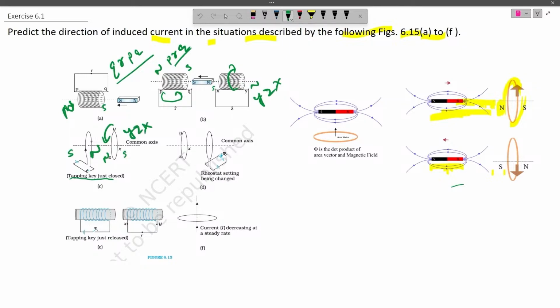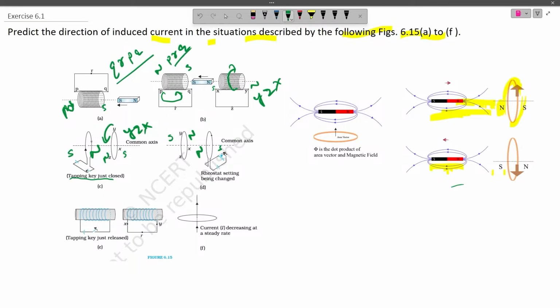Now in this question, the rheostat setting is being changed. The pointer is decreasing the resistance, which means the current would be increasing here, and the YZ segment of this coil is much farther from us than the YX section. If the current is increasing over here, a north pole will be created over here and a south pole over here, and again the induced current should create a north pole in this coil over here and a south pole over here.